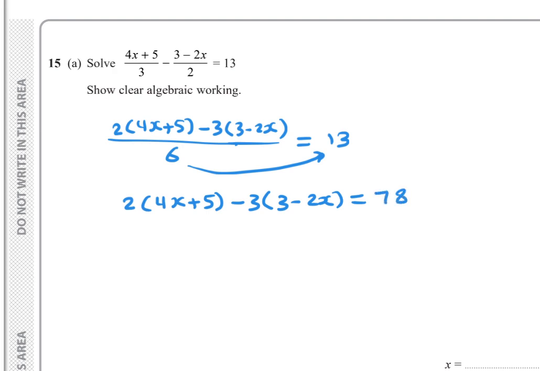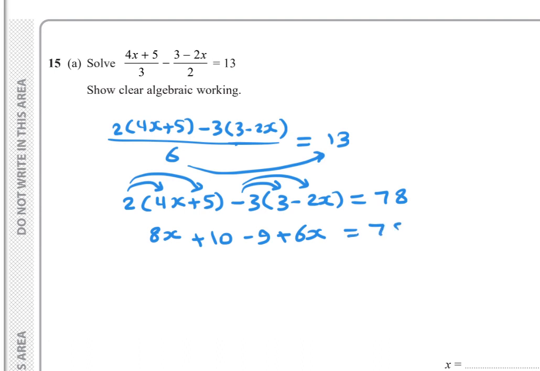So you are left with 2 times (4x plus 5) minus 3 times (3 minus 2x) equals 78. Now expand and combine the like terms for the left hand side. 2 times 4x is 8x, 2 times 5 is 10, minus 3 times 3 equals negative 9, negative 3 times negative 2x is positive 6x, equals 78.